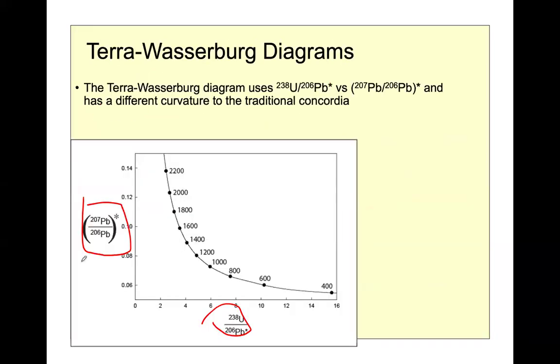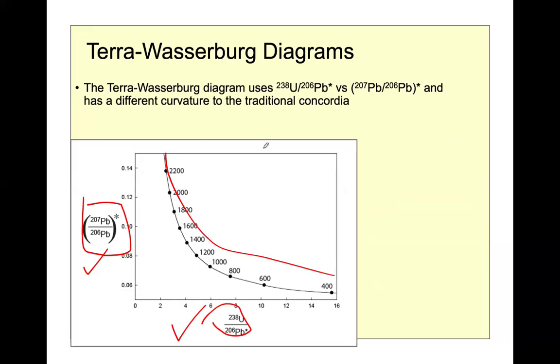So you see here, you have that radiogenic component ratio, and you have this 238 to 206 ratio, and then you make another curve. Plot it, and you will see this type of diagram. It's very different from the Concordia.